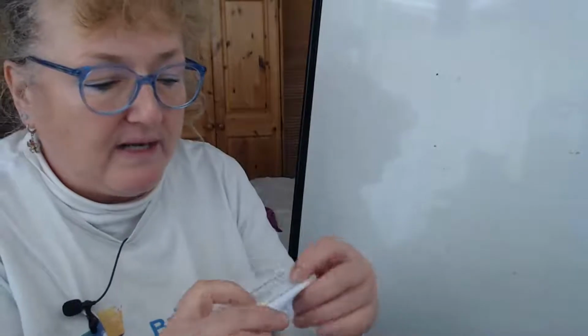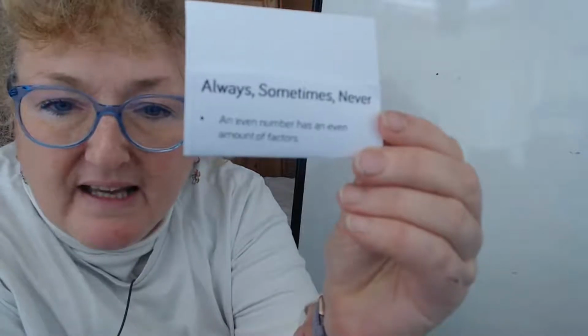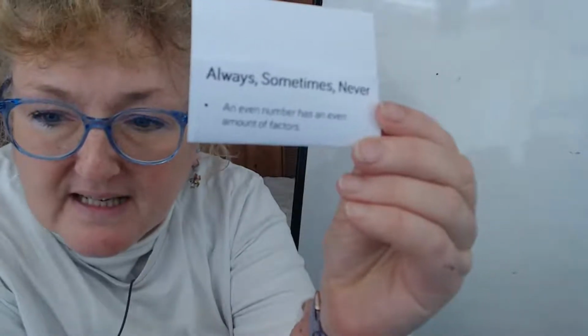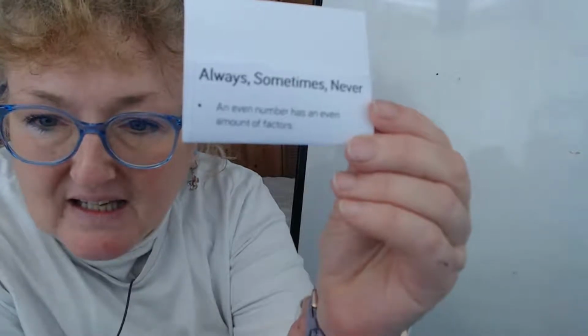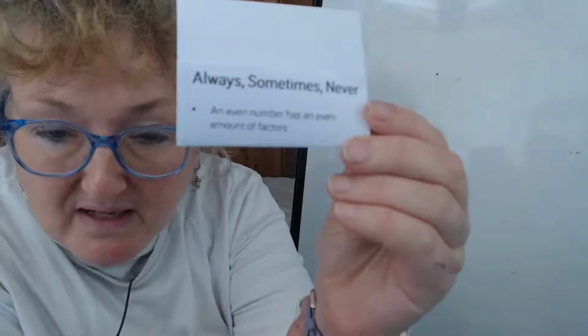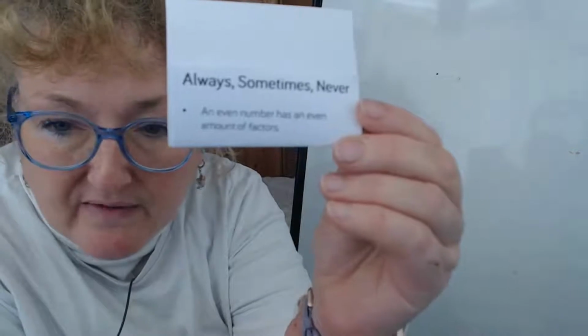If it's not true, can you give me an example where it's not true? If you think it's not true, then prove it. Give me an even number that does not have an even number of factors.